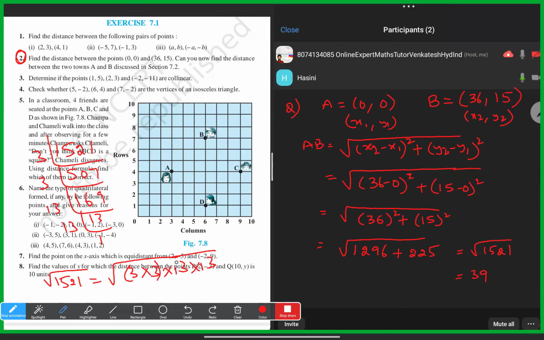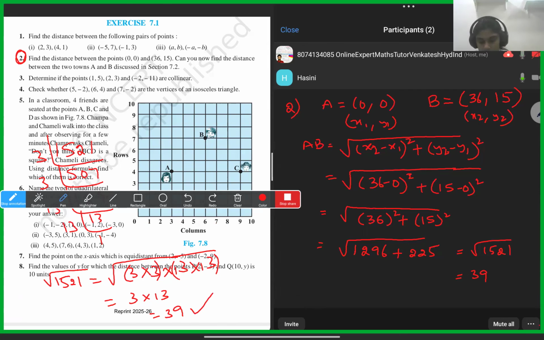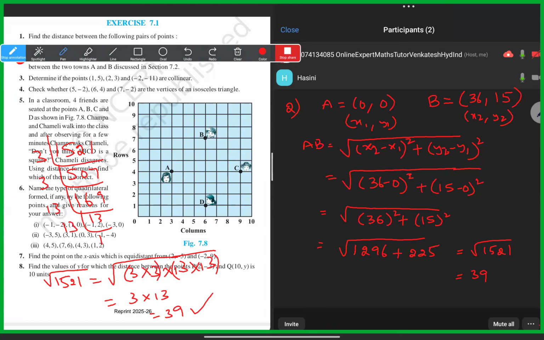Two pairs here, the 3s are paired and the 13s are paired, so one 3 will come outside and one 13 will come outside. 3 into 13 is 39. The square root goes away, because both 3 and 13 are paired, we can take them outside.